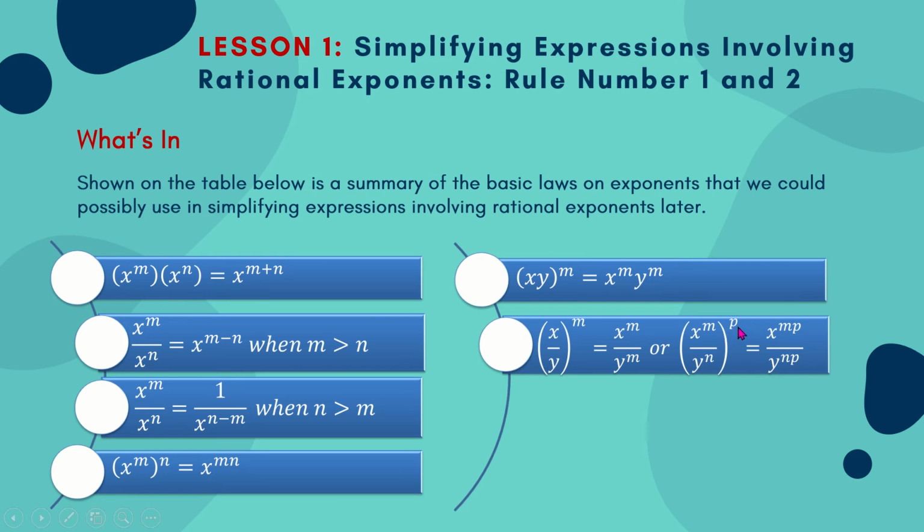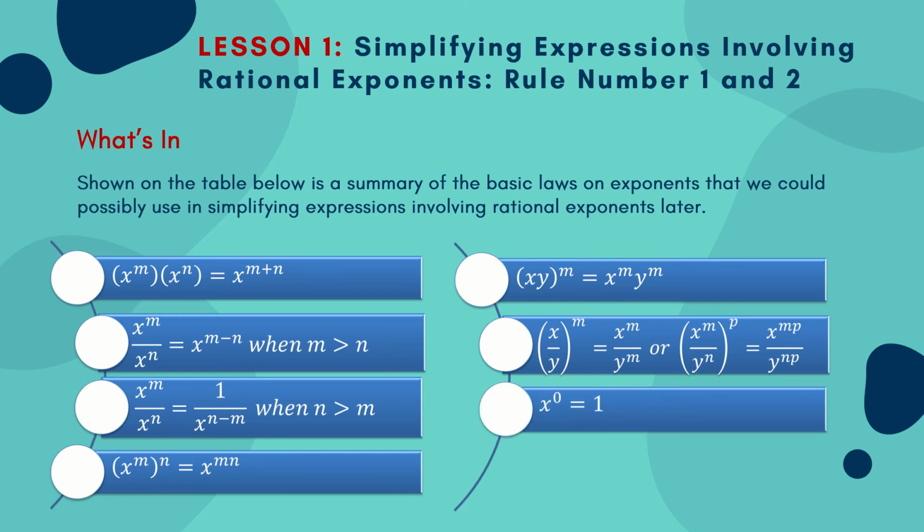This is the power of a quotient and at the same time the power of a power. So we distribute the power p to the numerator x exponent m and to the denominator y exponent n. So the result would be numerator base x exponent mp over base y exponent np.